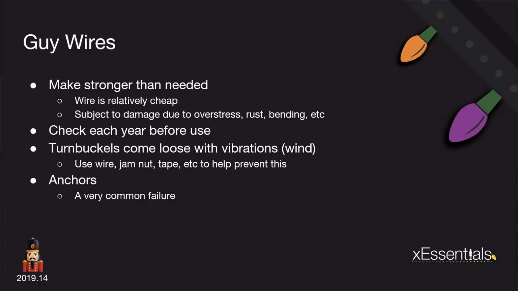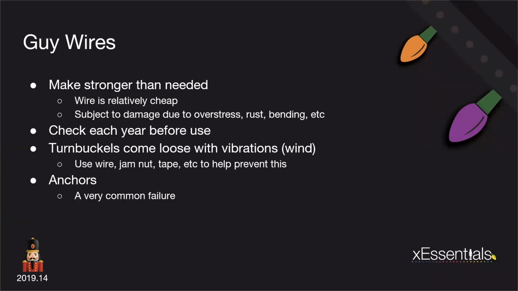There are two failures that I came across with the anchors that seem popular. I did not get any pictures from anybody that had turnbuckles coming loose, but people were telling me that they were coming loose. That's because turnbuckles aren't very good with winds. They want to vibrate, they want to loosen back up. If you just put a turnbuckle on there, apply your tension to it to get everything nice and tight, it's eventually going to loosen up.